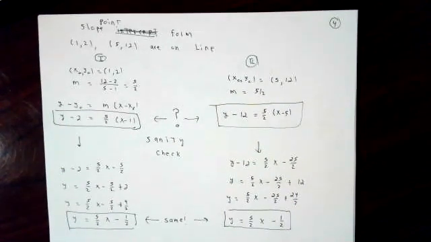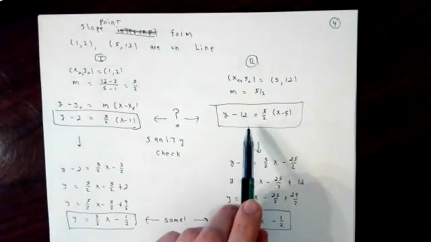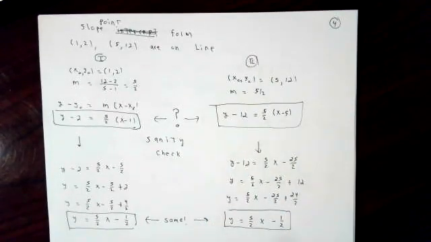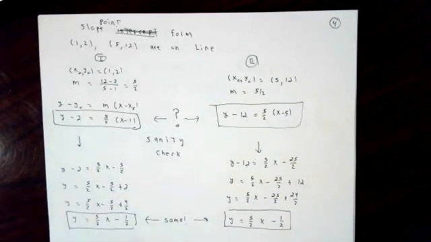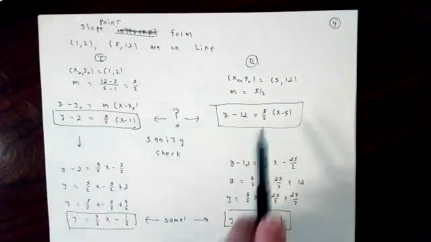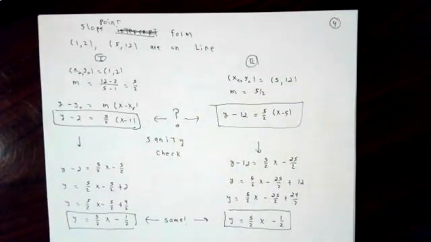And when you combine all the fractions, you find out that this equation means the same thing as y equals 5/2 x minus 1/2, which is the same thing that this equation meant after you got done simplifying it down into this format. So these two equations, they don't look the same, but they mean the same thing. They secretly are the same. It just didn't look like that at the beginning.